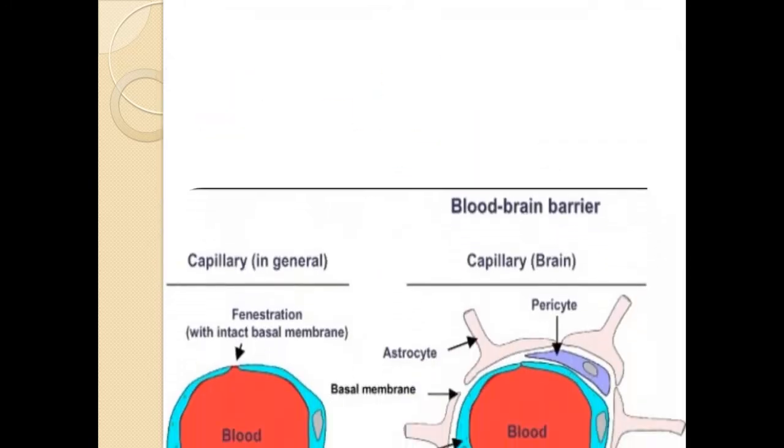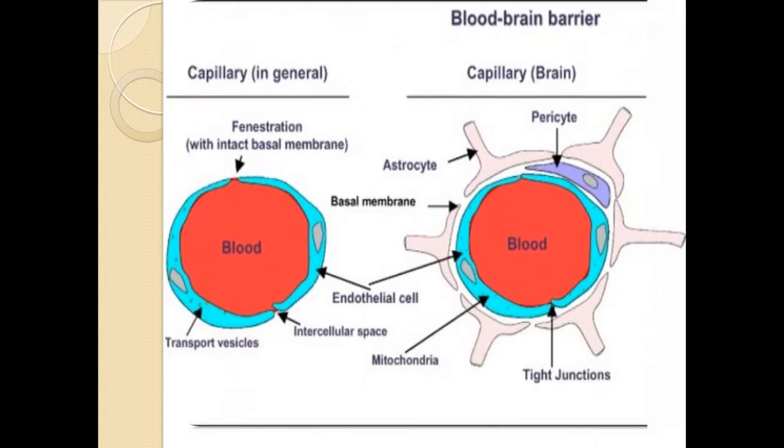This slide shows the difference between the general capillary in our body and the capillary in the brain. The capillary in the brain is a special capillary, as we said, because of the presence of tight junctions. In general capillaries in our body, we have holes or gaps called fenestrations separating the endothelial cells, to allow passage of material into and out of the circulatory system.